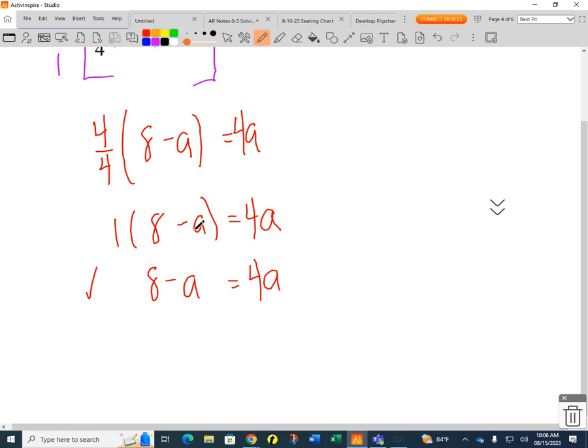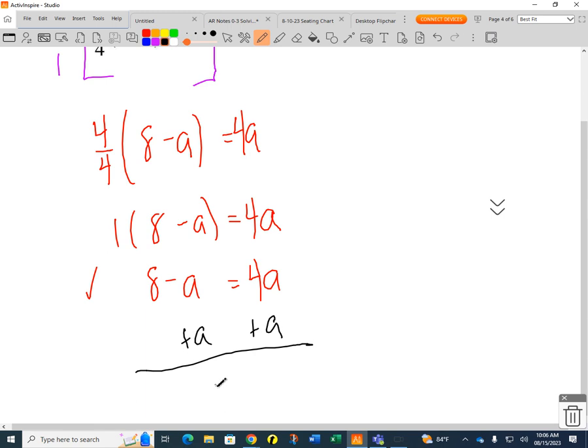So now we're down to nothing we can combine on the left or right side, but we do have variables on both sides. Caleb, what am I going to do using the variables on the same side? Add the a to the other side. Beautiful. Negative a, so we're going to add a positive a to both sides.